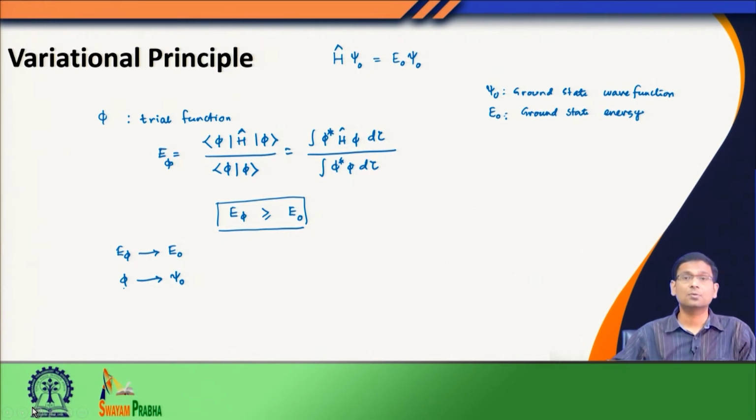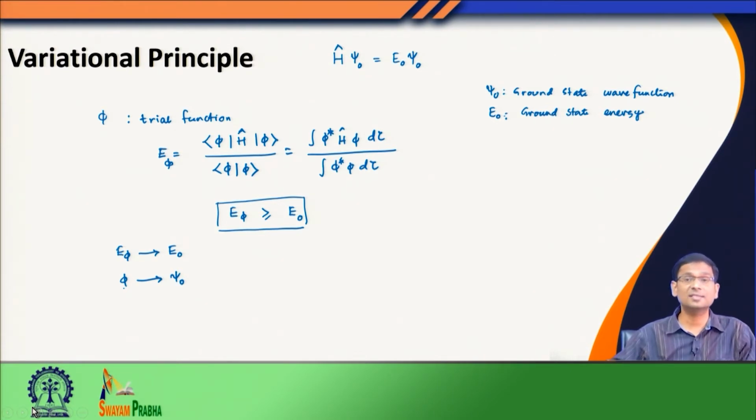In that case, we can make a guess, define a trial function, we call that phi, and evaluate an energy corresponding to this trial function, which we call E phi. What the variational principle guarantees is that this energy E phi is always going to be greater than, or at best equal to, E 0, the ground state energy.